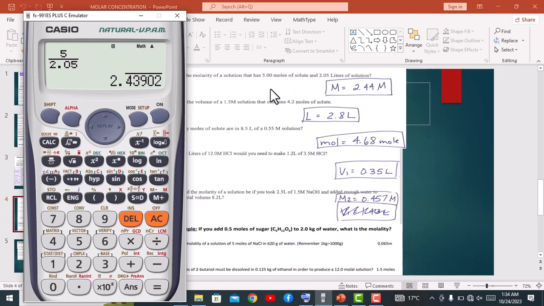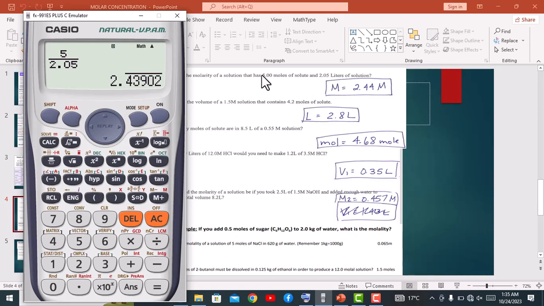So we are therefore saying if you have 5 moles coming from the number of moles of a substance that we dissolve, suppose this can be anything, maybe sodium chloride, you calculate the number of moles by saying number of moles equals mass divided by molar mass, the weight of the substance, and then you get the number of moles, and then you just dissolve those moles inside the liters of the solvent.